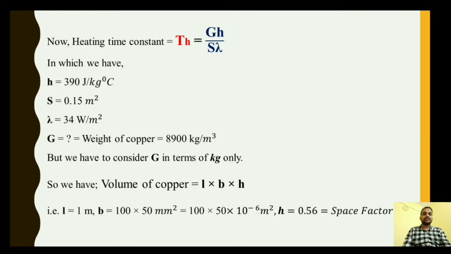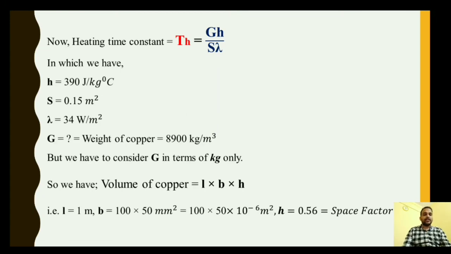Breadth is nothing but the cross sectional area, mentioned as 100 into 50 millimeter square, which can be converted into meter square. So that will be 100 into 50 into 10 raised to power minus 6 meter square, and H is 0.56, the space factor mentioned in the numerical.